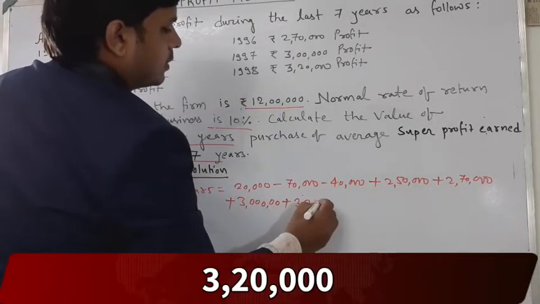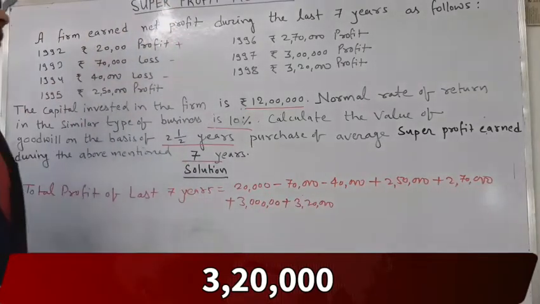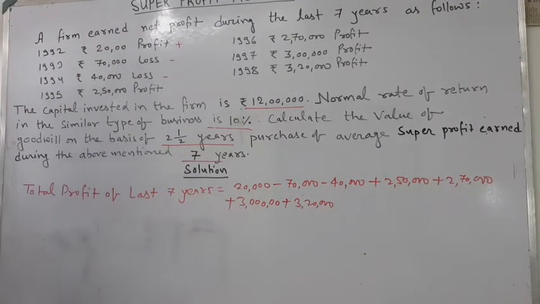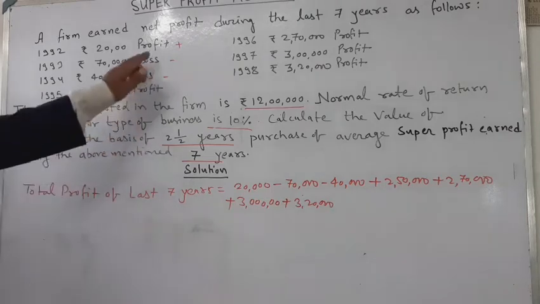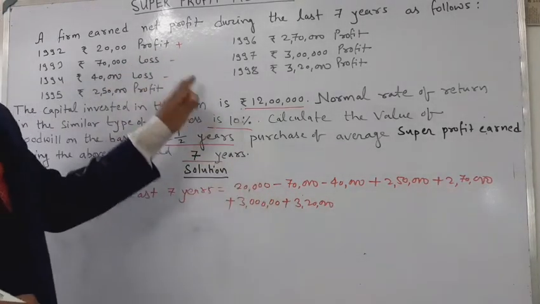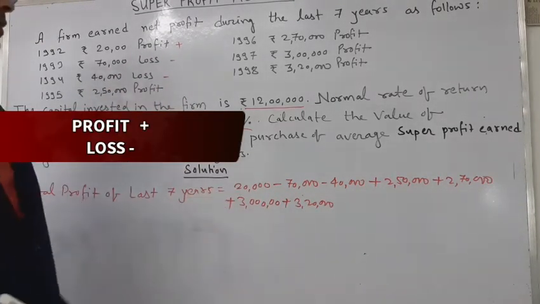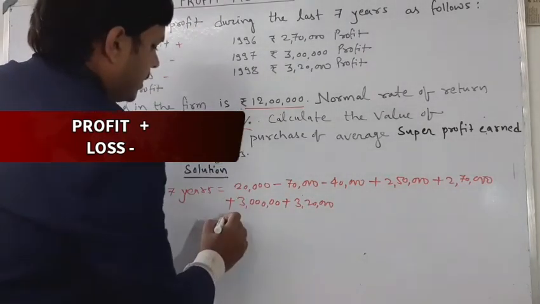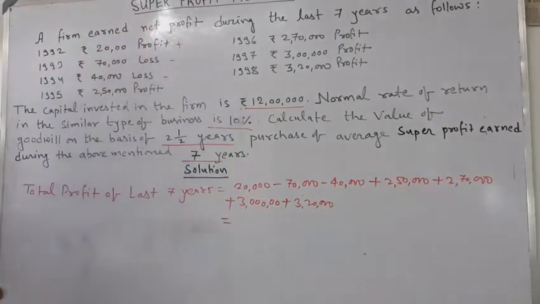In the average profit method and weighted average profit method, I have already discussed: whenever profit is given, you will plus, and whenever loss is given, you will minus. Then calculate it. How much? Please calculate.